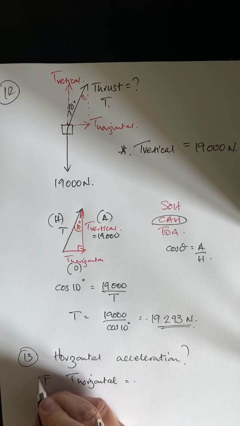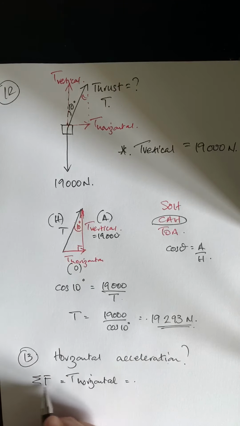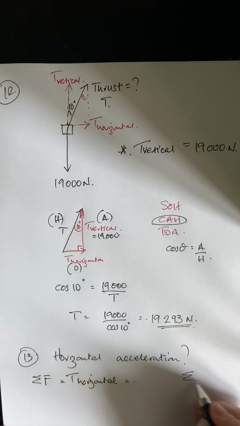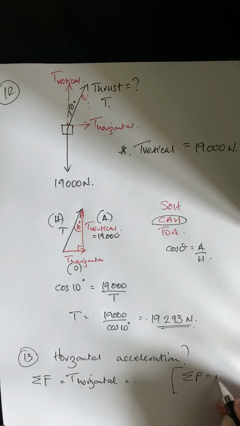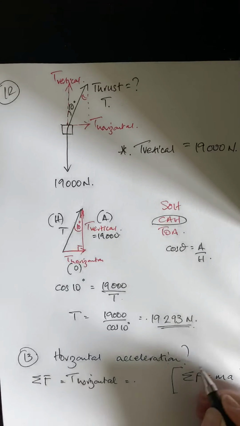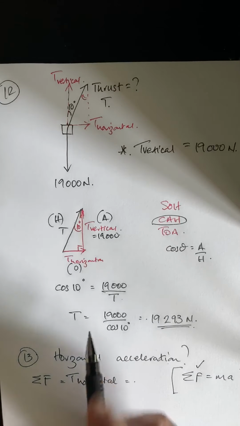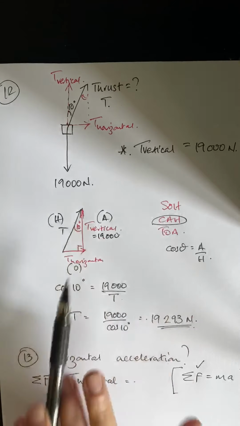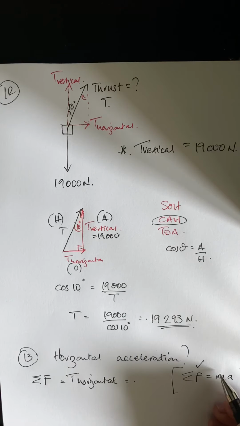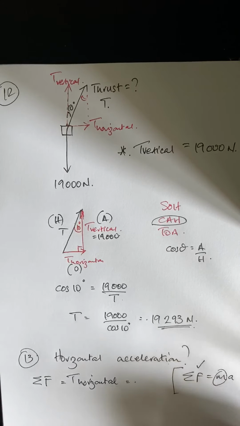So remember this symbol here for resultant force. The resultant force is T horizontal, and remember from Newton's second law, force equals mass times acceleration. So we calculate this going back and using SOHCAHTOA again, and then do we know the mass?